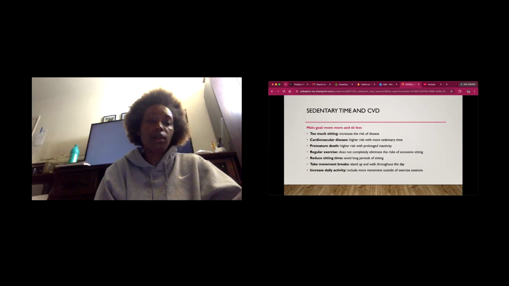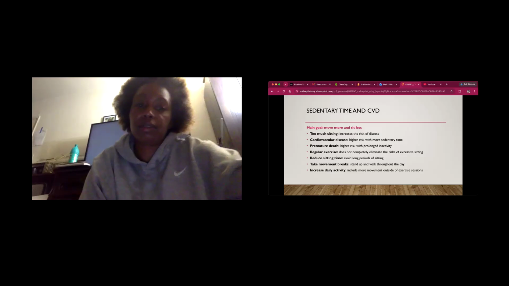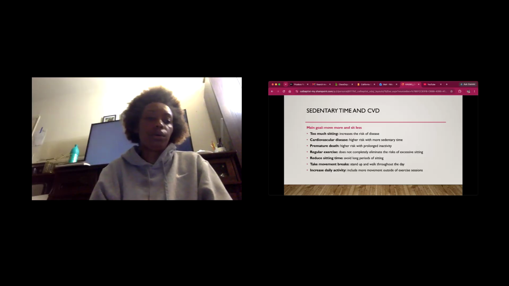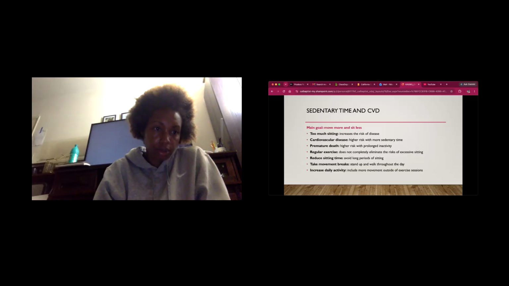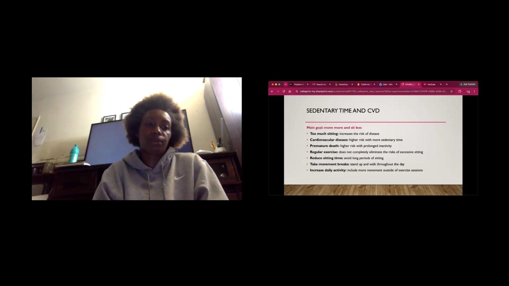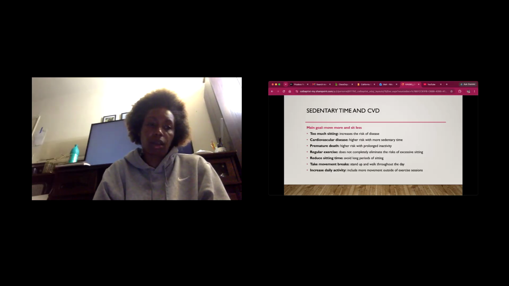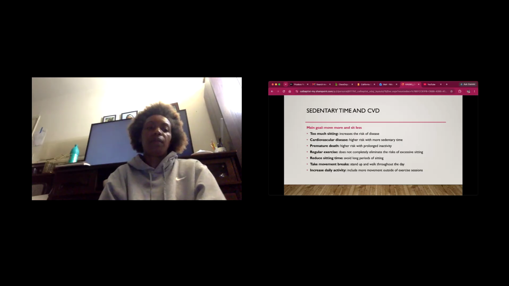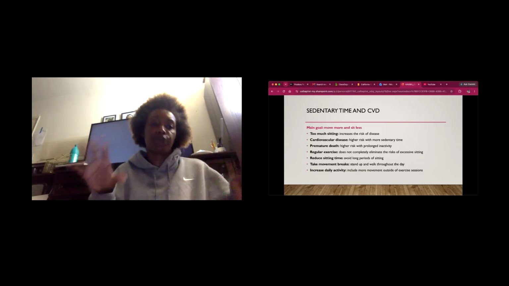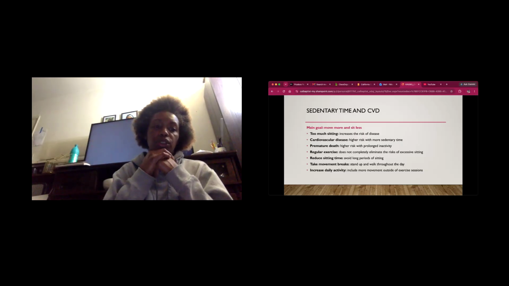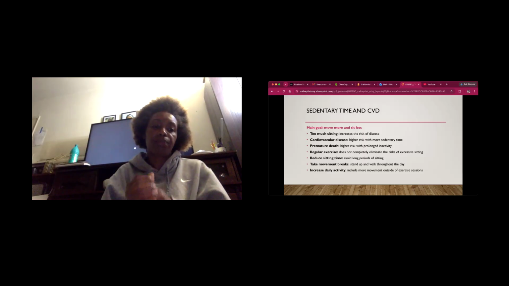Sedentary time and cardiovascular disease. So overall, according to the textbook, too much sedentary time is associated with an increased risk of cardiovascular disease and premature mortality. Even individuals who exercise regularly can benefit from reducing the amount of time they spend sitting.